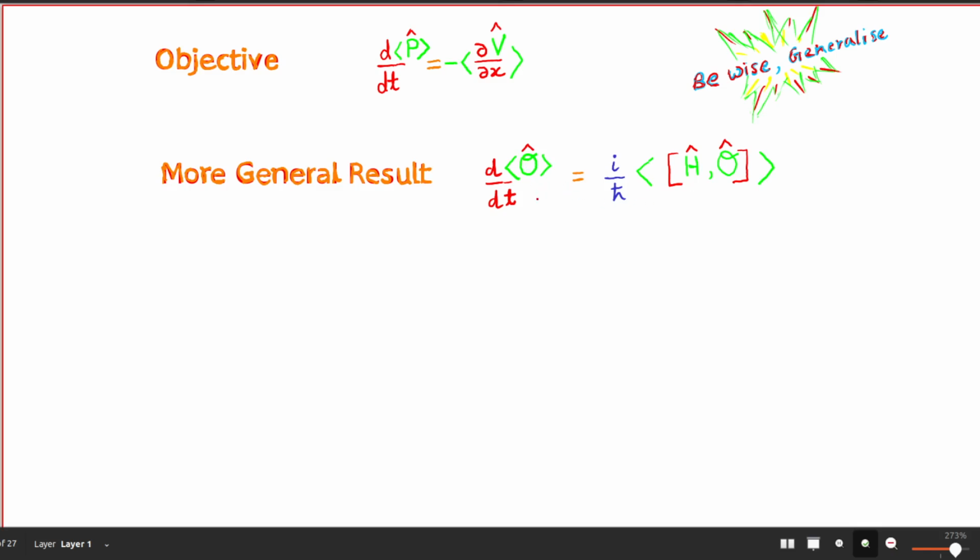So this is a more general result that we will derive, but first let us see how Ehrenfest's theorem follows from this more general result.